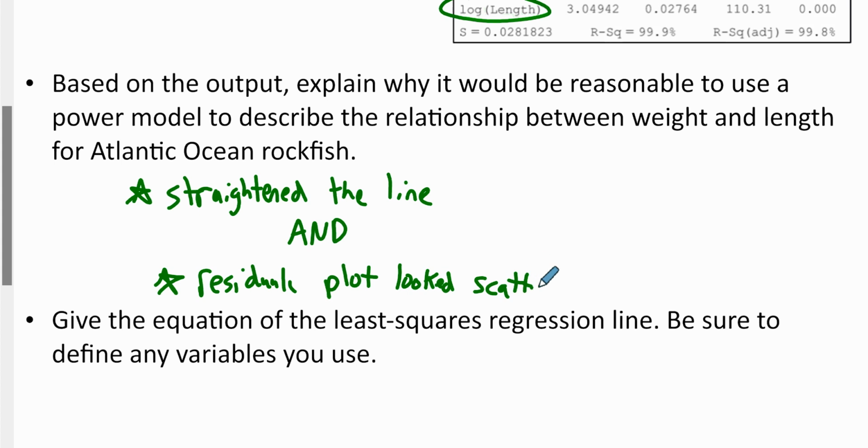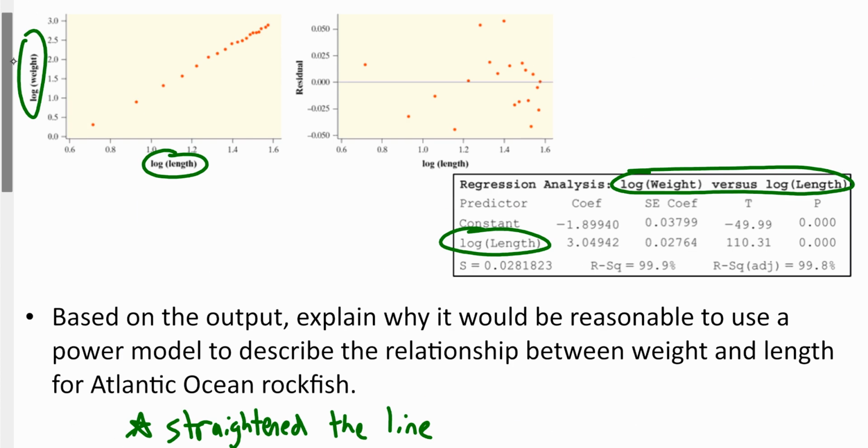When we were looking at a residual plot, we want it to be scattered, and we want it to be kind of even on either side. This is scattered. There's no clear pattern or anything in there to show that it's nonlinear. So this really did become linear.